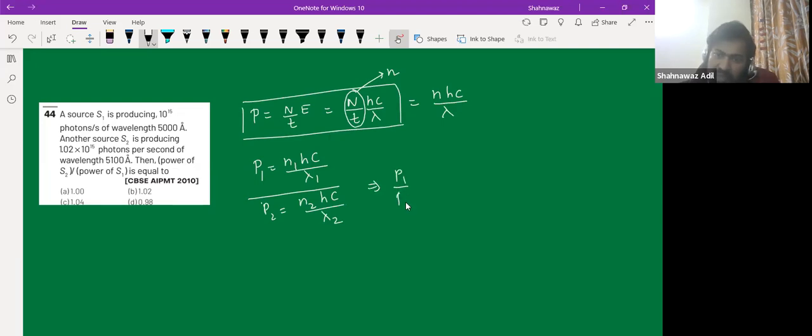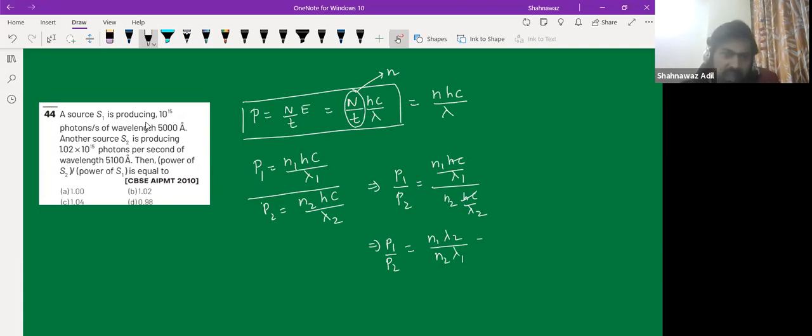P1 by P2. This would be N1 Hc by lambda 1 divided by N2 Hc by lambda 2. Hc will cancel. This lambda 2 will go upstairs. So this would be N1 lambda 2 divided by N2, and this lambda 1 will go downstairs. So we have to calculate this thing, right?